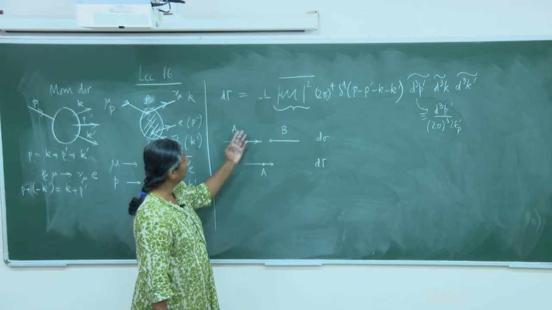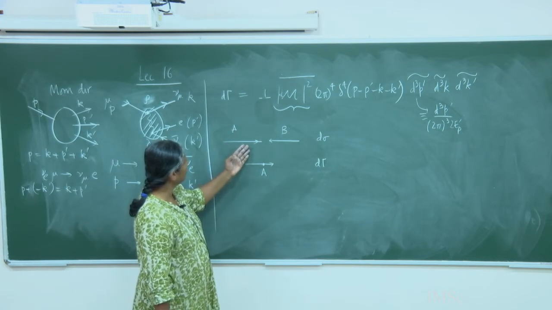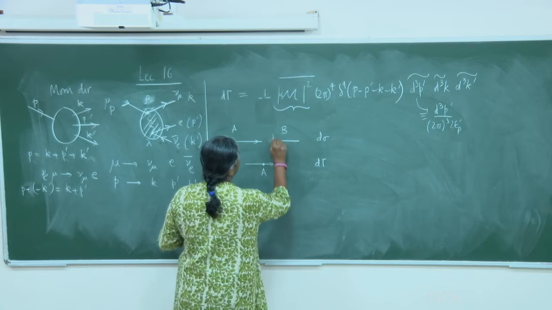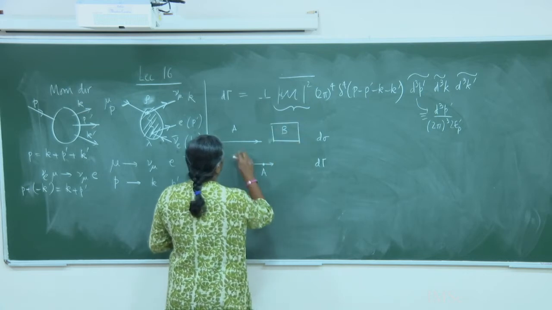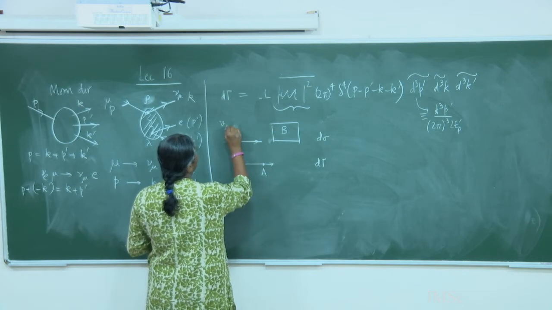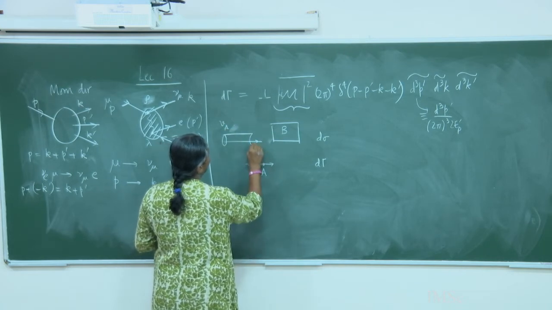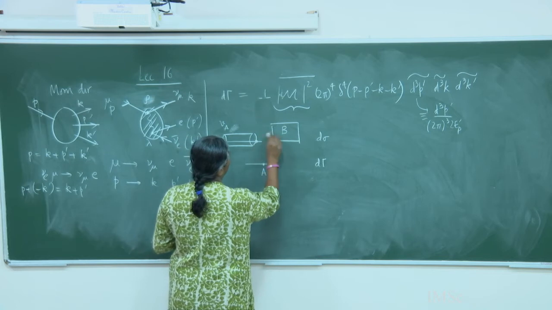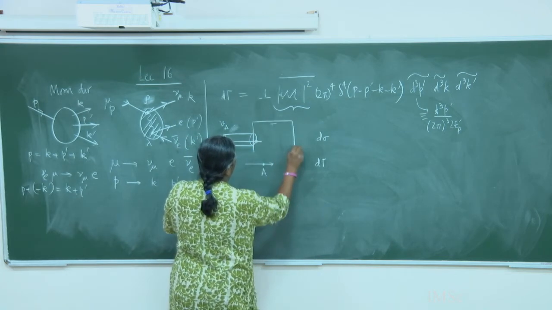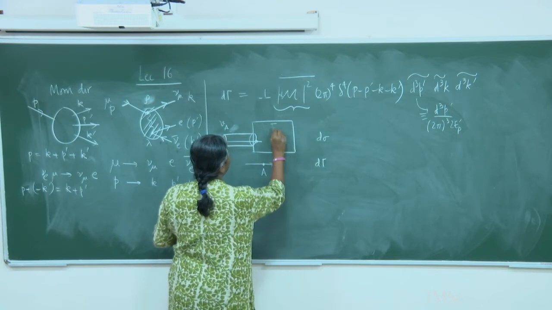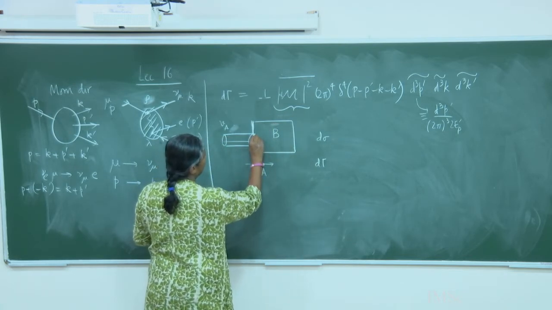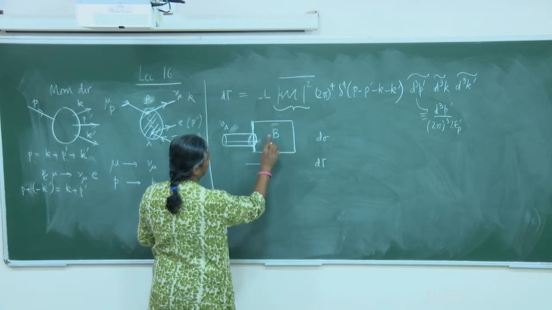Let us take B at rest. Then we said that the velocity of A was V A. That means in 1 second, these many particles would actually interact. Sorry, my 2D, 3D drawings are all very bad, but this is where this object has just started to interact with the target.